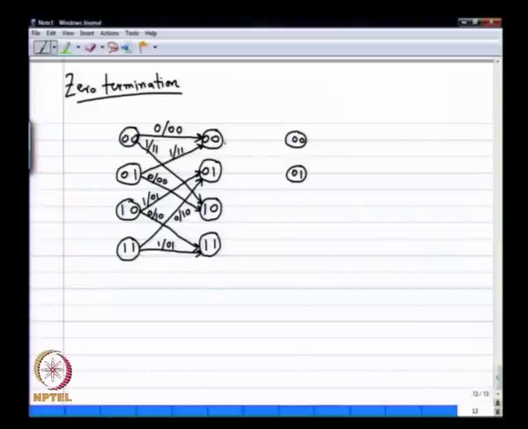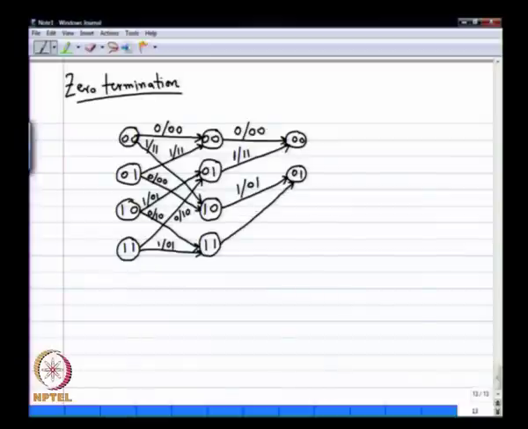So, how will I go from here to there? These things are not too bad. I will have an input 0 here, and then I will have an input 1 here, 1 1 here, and then from 1 0 I will have an input 1 here and 0 1, and from 1 1 I will have an input 0 here and then 1 0.